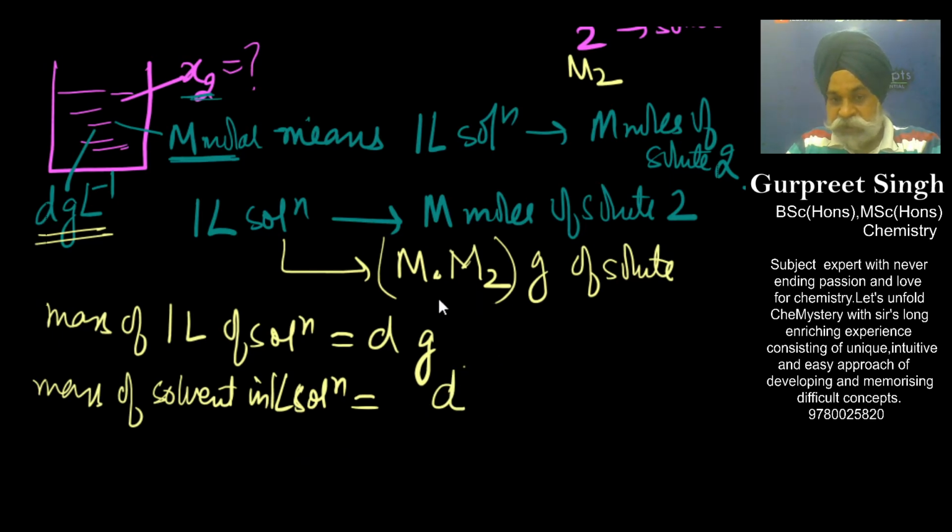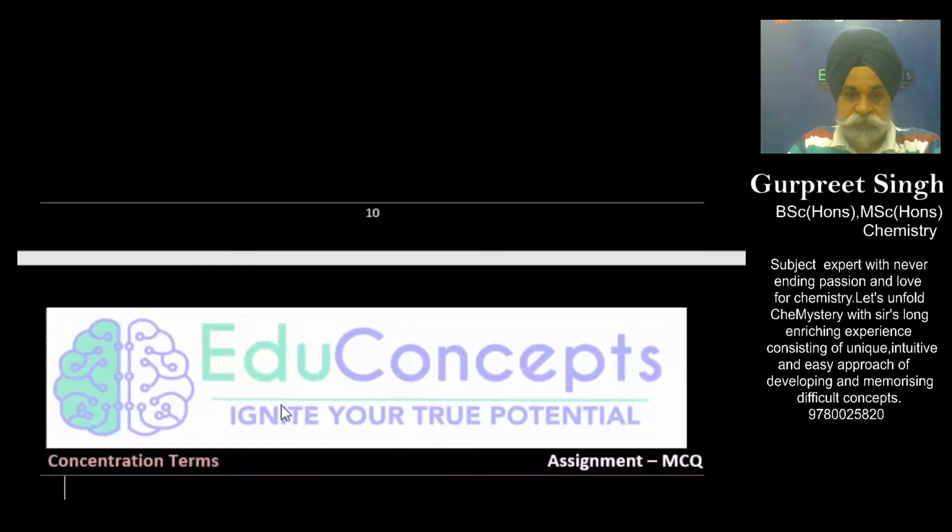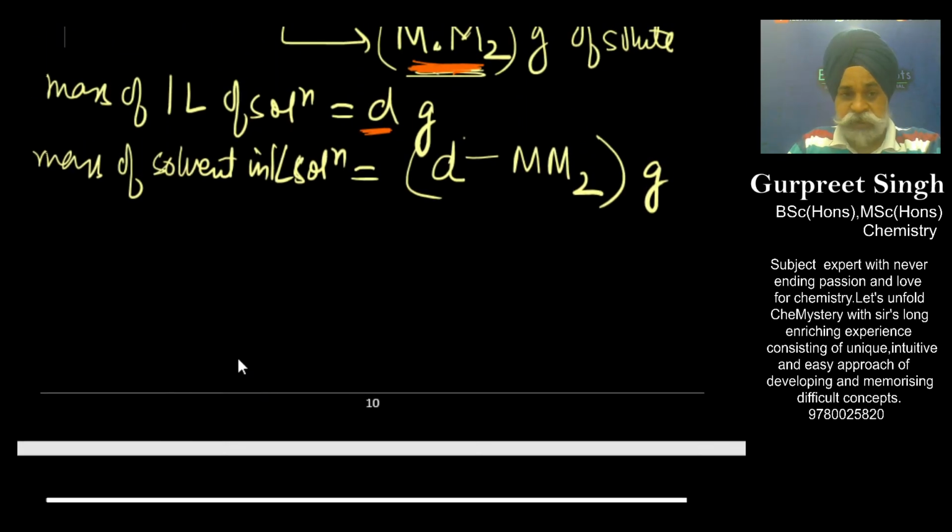And 1 liter of solution contains how many grams of solute? It is this much. If I subtract these two, I shall be getting the grams of the solvent. 1 liter of solution weighs d grams, so d minus mM2 would be the mass of the solvent.